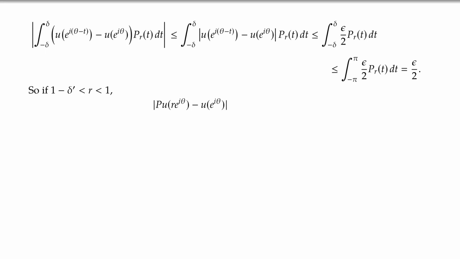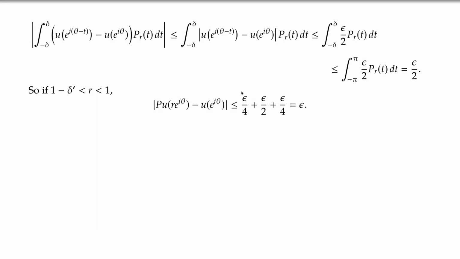So if we have this r within delta prime, then the pu and u, well, at the same e^{i theta}, right? But here we have the r, so we're going in radial directions.